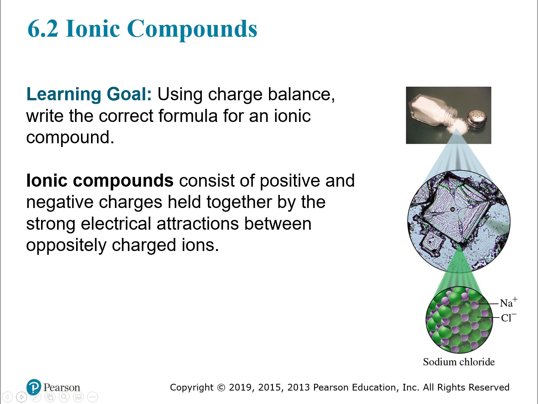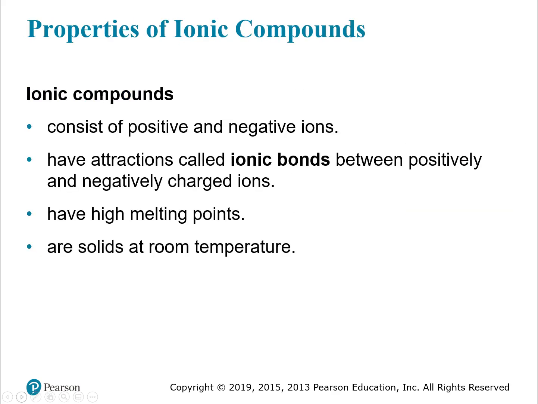Now that we've covered the ions, now we can put those ions together to form ionic compounds. Here are some properties of ionic compounds that you'll need to know. The first is that they consist of positive and negative ions.